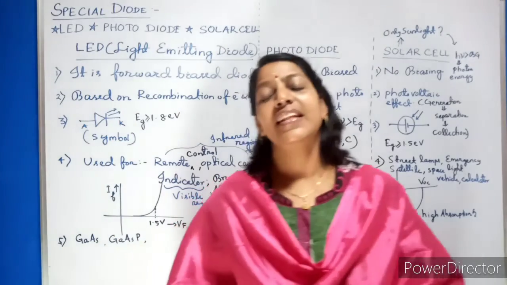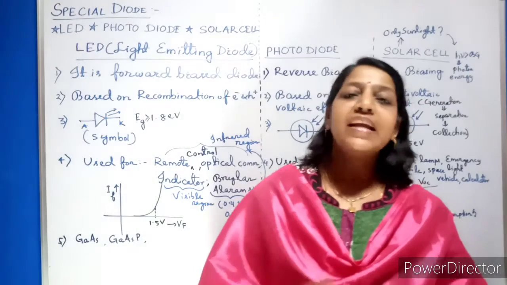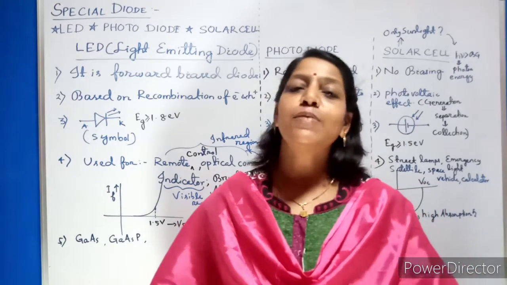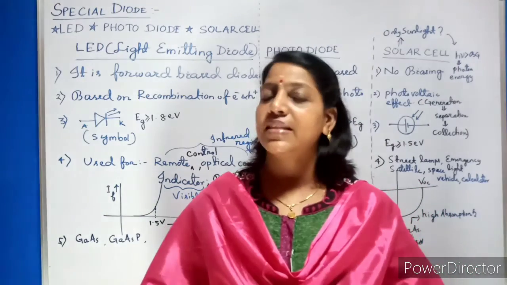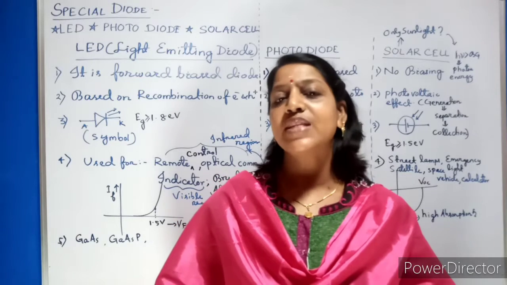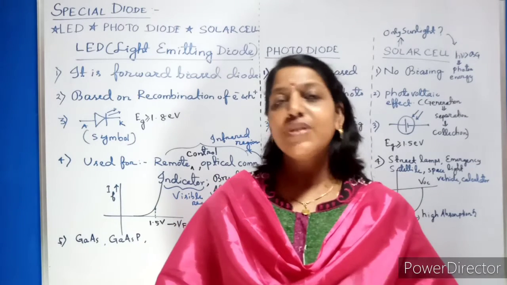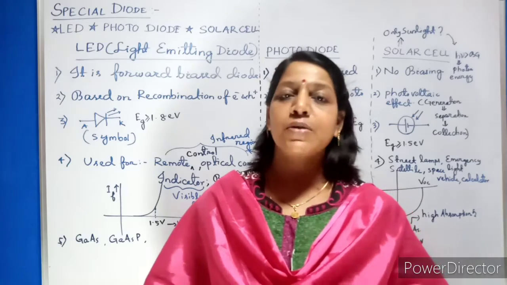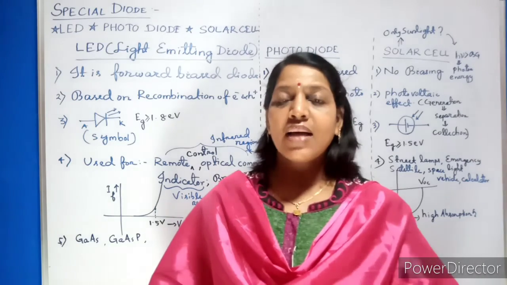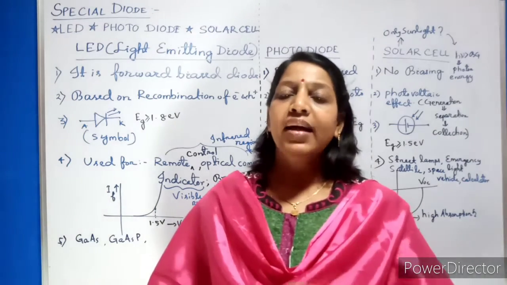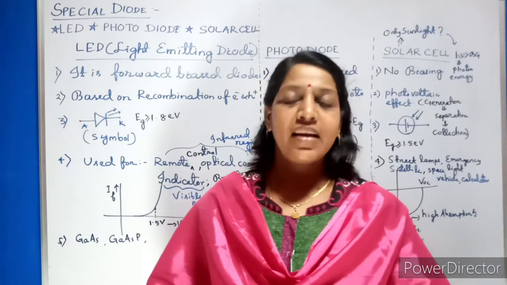You can see there are two types of LED. One LED is available in the visible region, which we are able to visualize, that is 0.4 micrometer to 0.7 micrometer, and which we use for indicator purposes. You can see your television. As soon as you switch on, you find a green color light. When you switch off, a red color light.